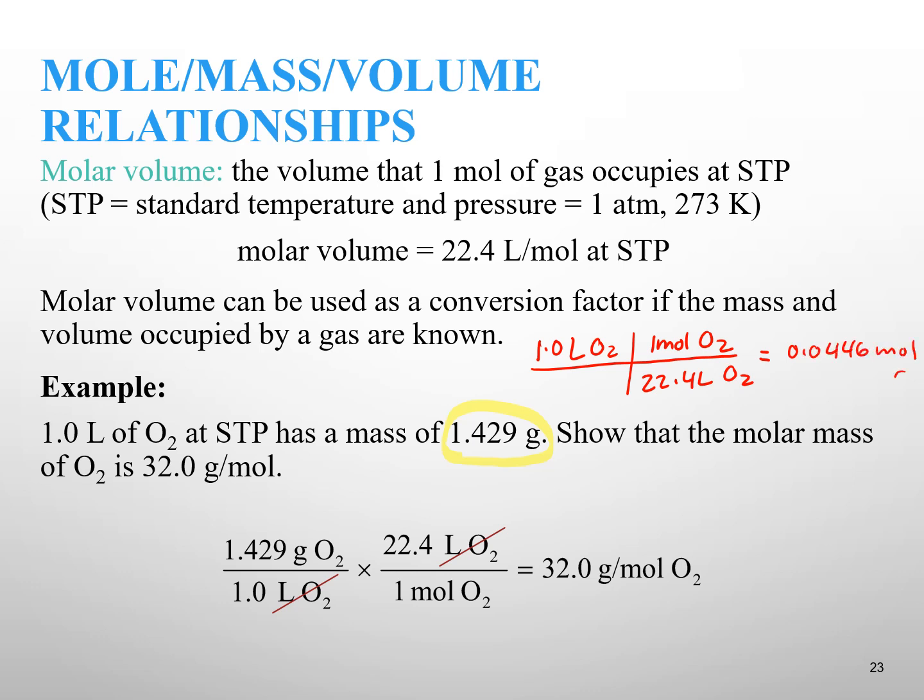Okay, this is moles of O2. Then we also know it's 1.429, so molar mass is going to be 1.429 grams divided by 0.0446 moles. Okay, so this will give us an answer of 32.0 grams per mole.